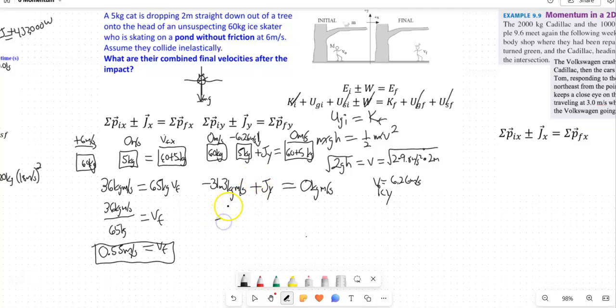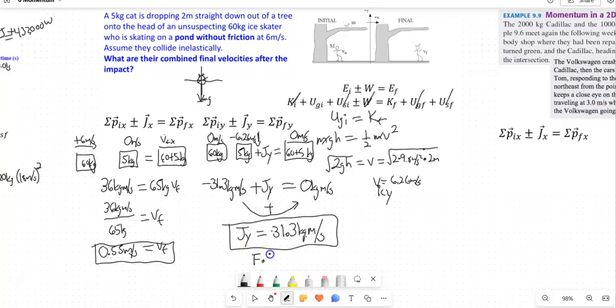So what you find out is that if I add this onto the other side, and if I knew the time of the impact, I could have supplied that 0.01 seconds, 31.3 kilogram meters per second. I had to push up over a period of time at 31.3 Newton seconds to bring the kitty cat to a stop.